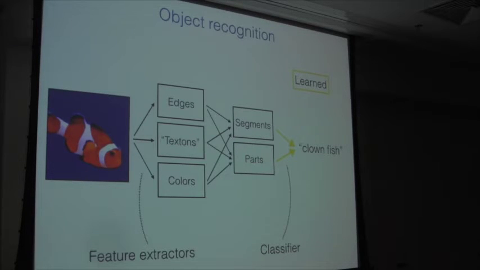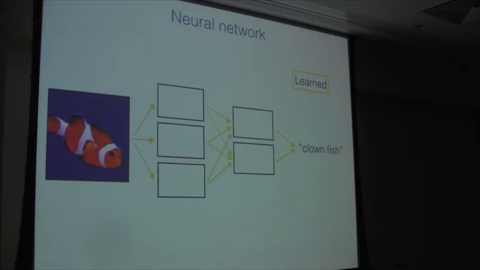So you're only learning the very final set of arrows. And the basic idea of deep learning is: let's not engineer anything by hand. Let's learn all the arrows. And the boxes now are not going to be explicitly an edge extractor or a part descriptor. Instead, they're just going to be some generic unit that will be learned.